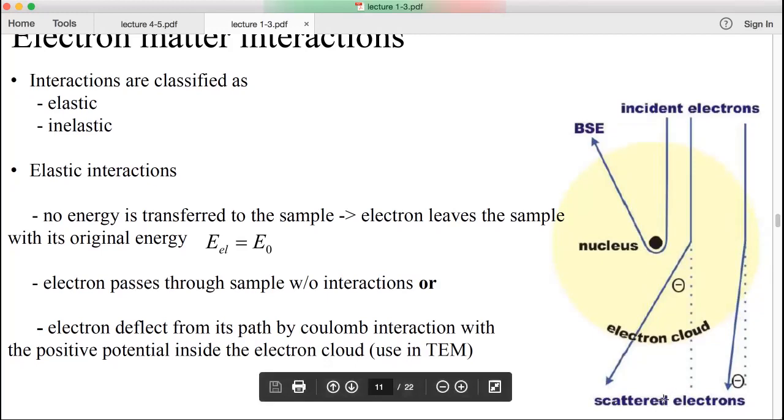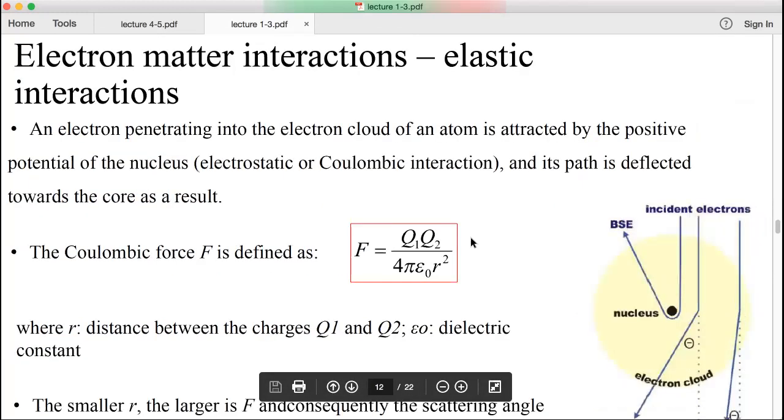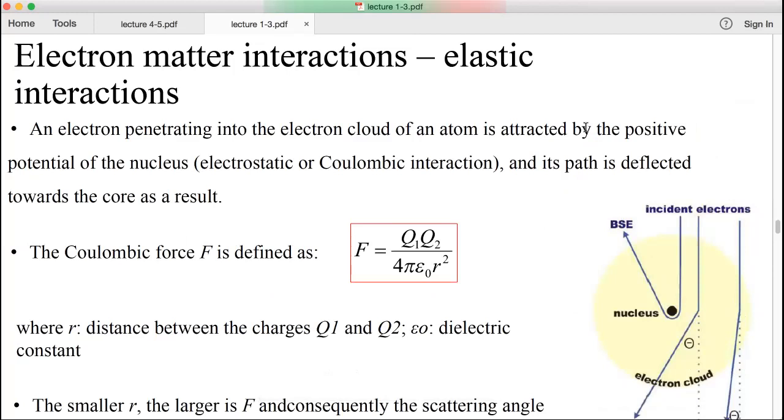So these are scattered electrons and this is a backscattered electron. An electron penetrating into the electron cloud of an atom is attracted by the positive potential of the nucleus. This is what I was talking about. So this is the attractive force. We call it electrostatic or Coulombic interaction. And its path is deflected towards the core as a result.